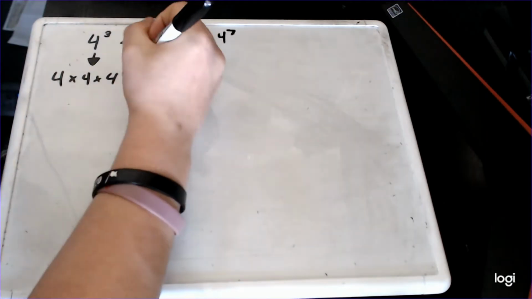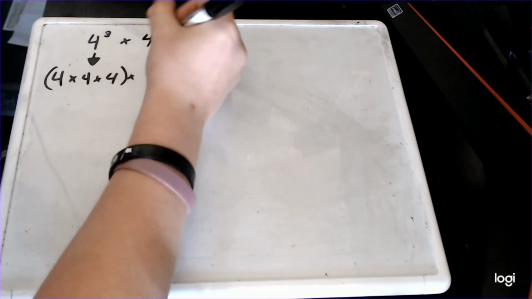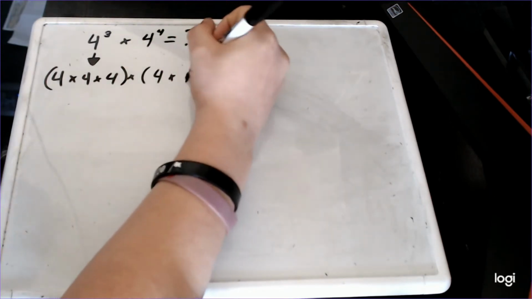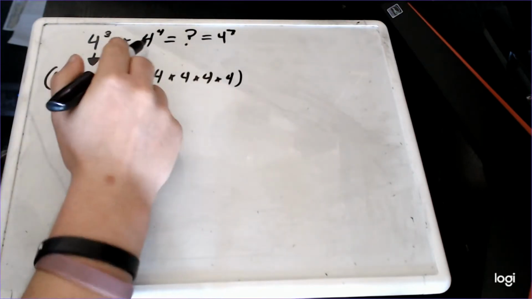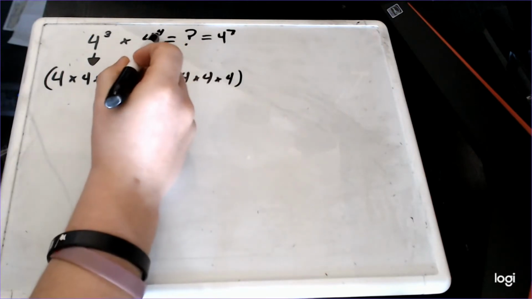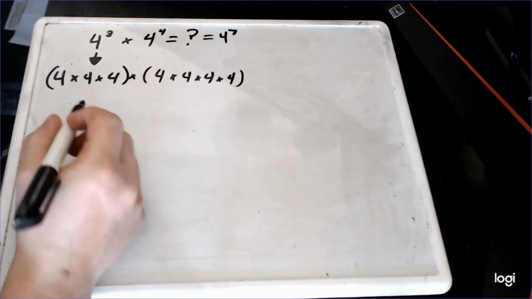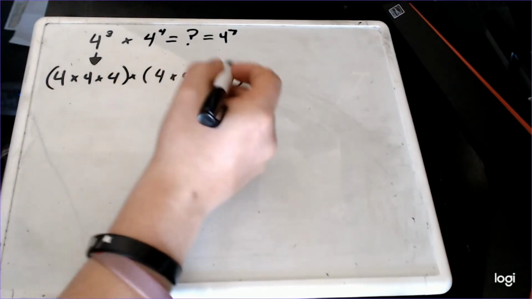And then we multiply by 4 to the 4. So 4 times 4 times 4 times 4. We have 4, and we have it 4 times because we have a 4 up there. Excellent. So, how many 4s do we have now? 1, 2, 3, 4, 5, 6, 7.